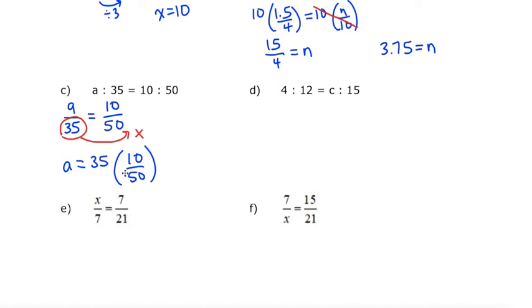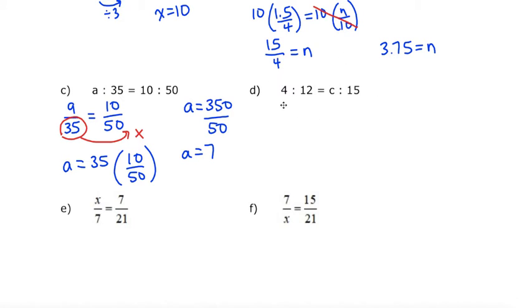And then you just multiply your numerators together. So 35 times 10 is 350. And you're going to divide that by 50 to give you 7. And you can show these steps. Some people will go from here to the final answer because they do this work in their calculator.